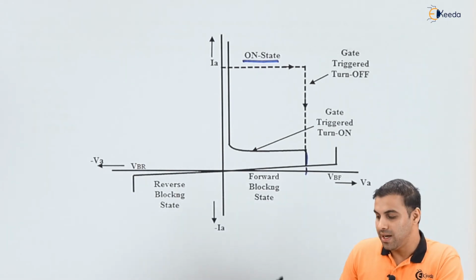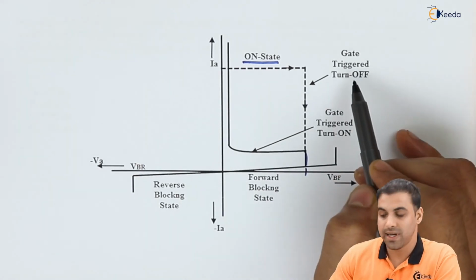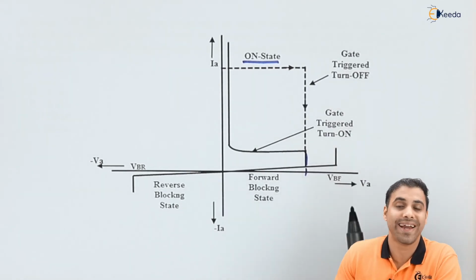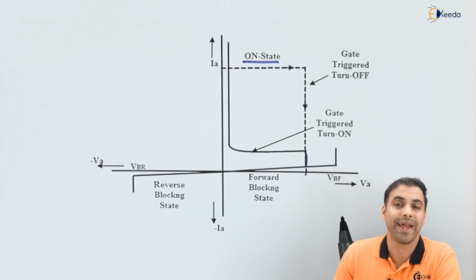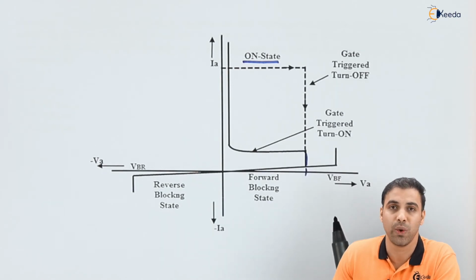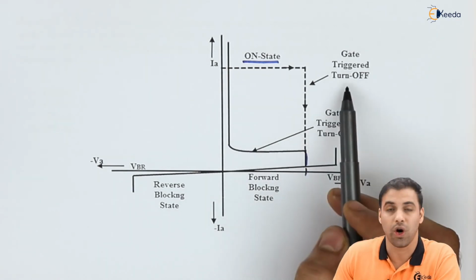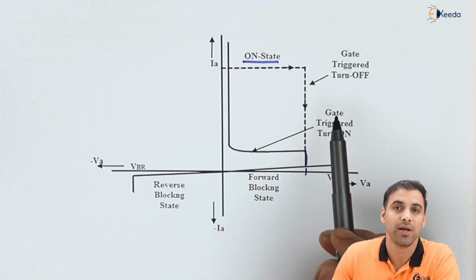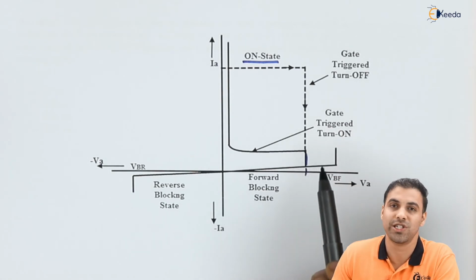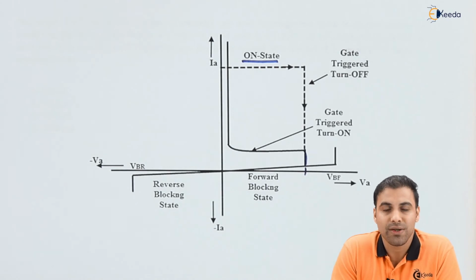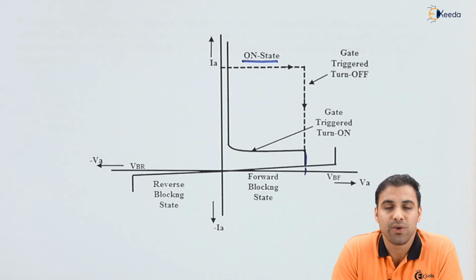So friends, as I mentioned here, gate triggered turn off. That means once we supply a negative gate current or a negative gate pulse to the gate terminal of a GTO, the GTO reaches its off state, which will block the flow of electric current through it. So the VI characteristics of a gate turn off thyristor are very similar to those of a triac, thyristor and diac.